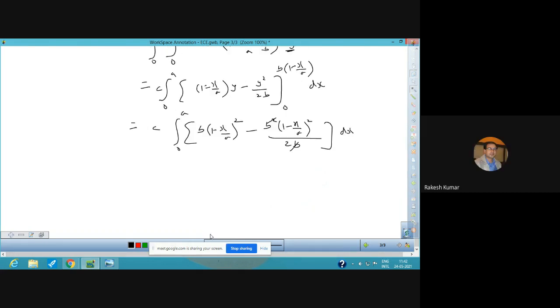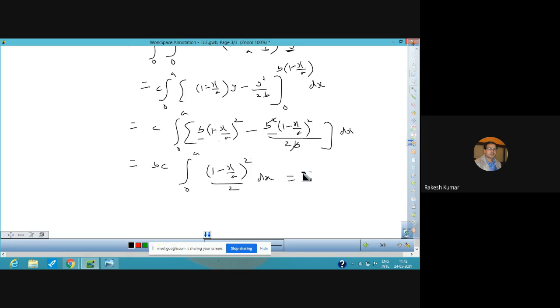Now b can be taken common from both the terms. So you will have bc, and inside you will have this term minus this over 2. So ultimately you will have the integral 0 to a of 1 minus x over a whole squared upon 2 into dx after solving a little.